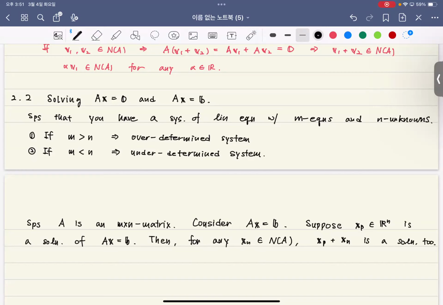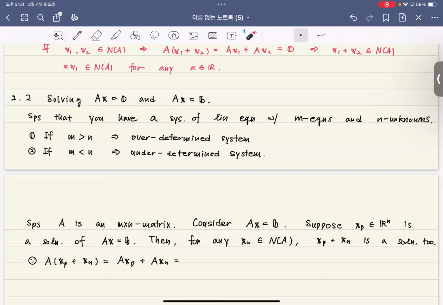Why is that? Because A(xp plus xn) is Axp plus Axn.